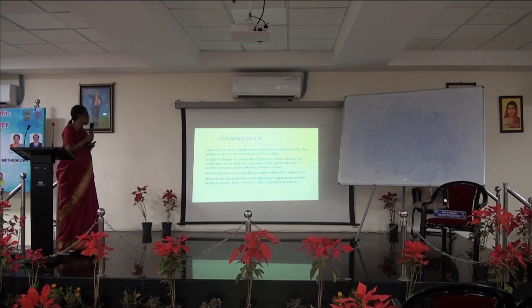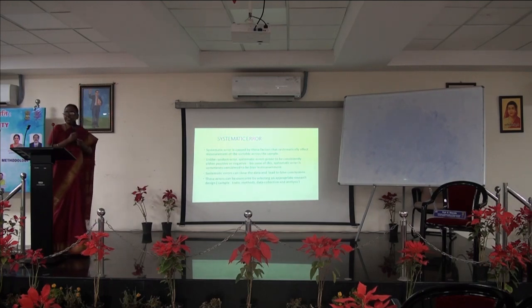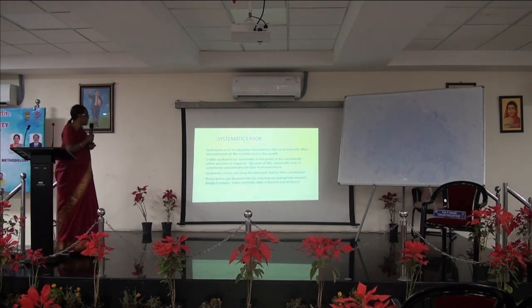Systematic errors. Systematic error is caused by those factors that systematically affect measurement of the variable across the sample. Systematic error mostly relates to defects in design. Unlike random error, systematic errors tend to be consistently either positive or negative.